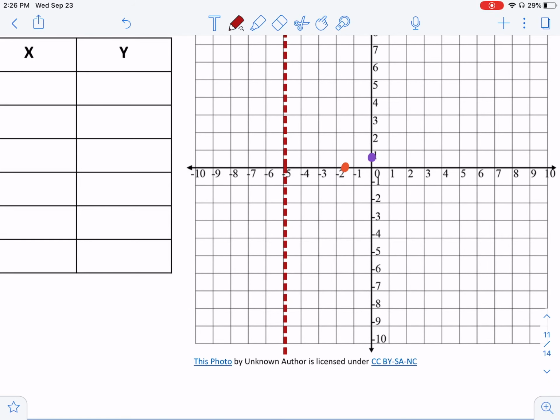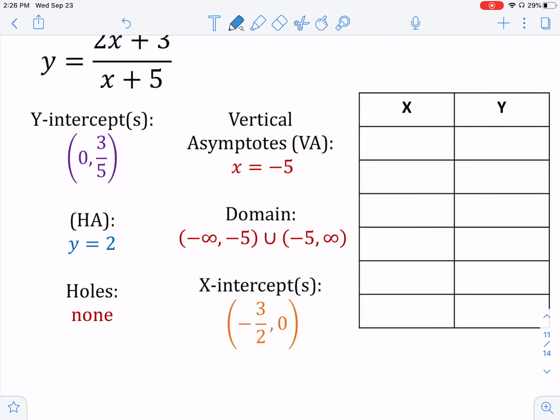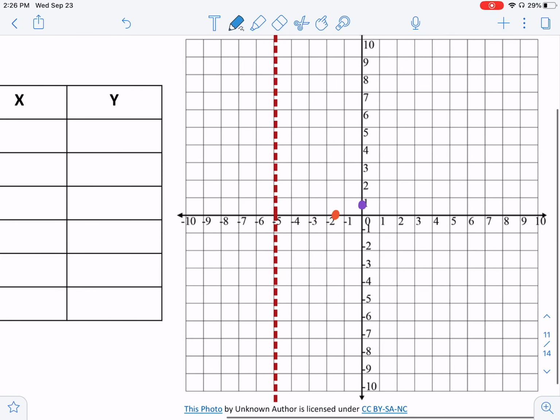Okay, so that's my vertical asymptote. I'm going to do the same thing for my horizontal asymptote, but it's going to be a horizontal line. So I'm going to go up to y equals 2 and draw a horizontal line over.